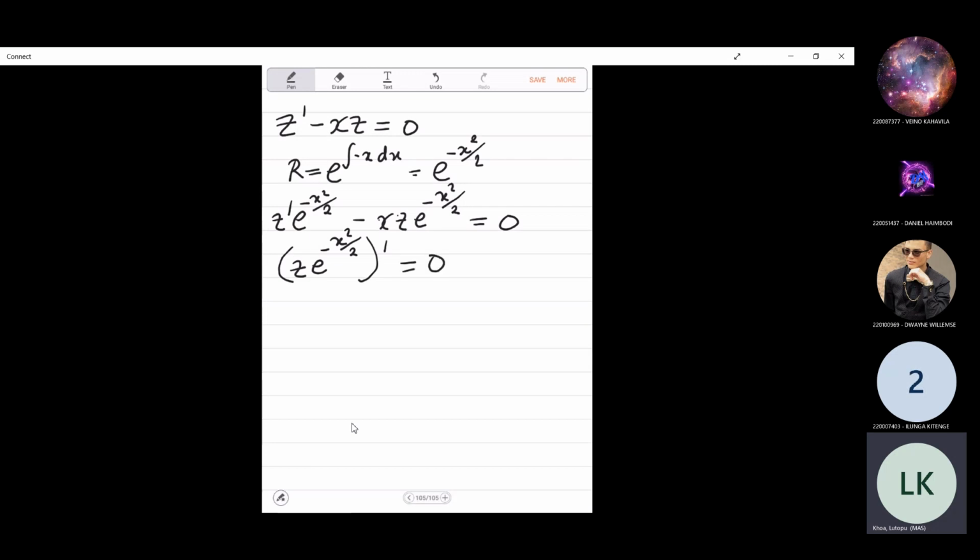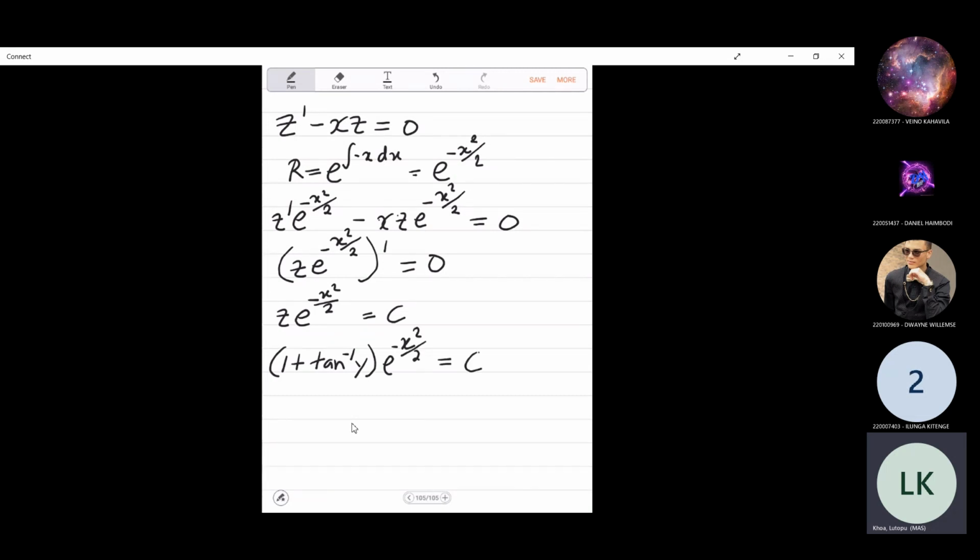And then integrating on both sides, we have z e to the power of minus x squared over 2. This is equal to a constant, and then we write z in terms of y. We have 1 plus tan inverse of y, and we have e to the power of minus x squared over 2.